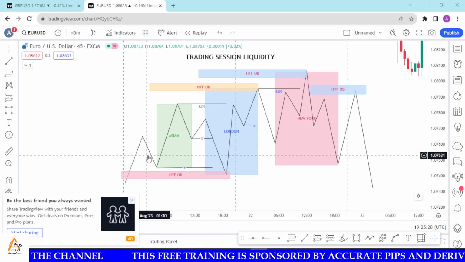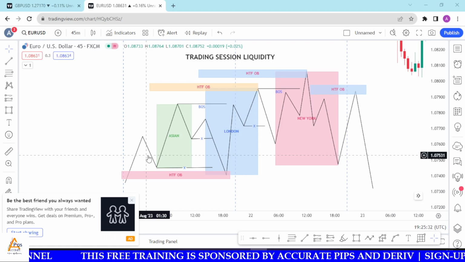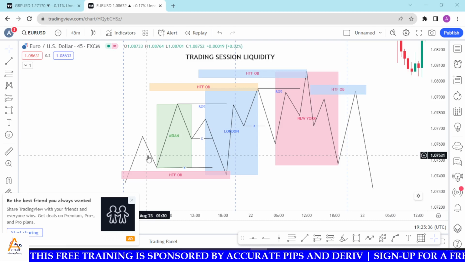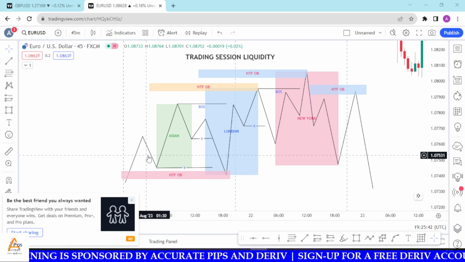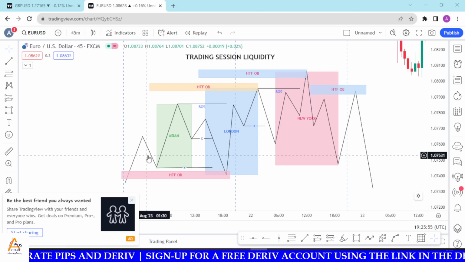Okay, now let me talk briefly about how the Asian session, the London session, and the New York session play a big role in this trading concept. The Asian session, as I said earlier, the London session and the New York session are mostly the high volatility sessions, but the Asian session is mostly seen as the low volume session.